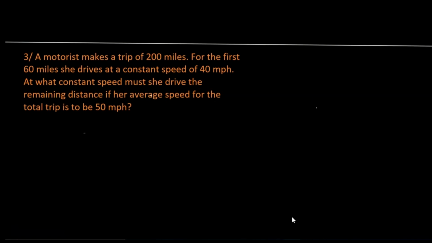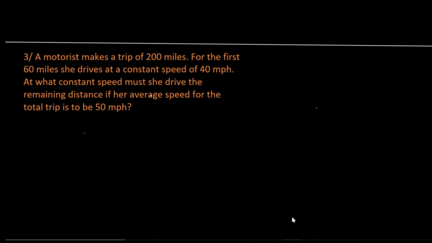A motorist makes a trip of 200 miles. For the first 60 miles, she drives at a constant speed of 40 miles an hour. At what constant speed must she drive the remaining distance if her average speed for the total trip is going to be 50 miles an hour?